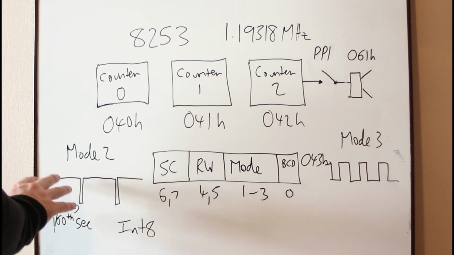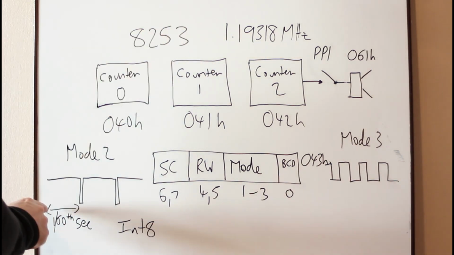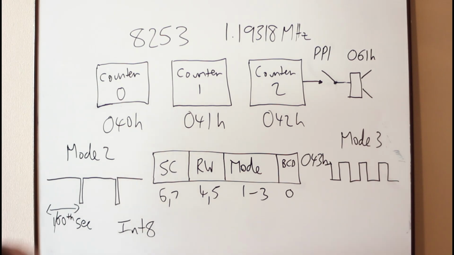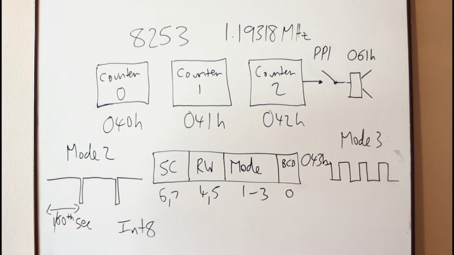Basically what we do is we put a value in the counter, and it'll correspond to however many clock ticks we need for 1/60th of a second, and it just does a single cycle pulse at the end of the count and then restarts automatically and does it again. So that'll give us a clock tick which will trigger an interrupt 8 every 1/60th of a second.